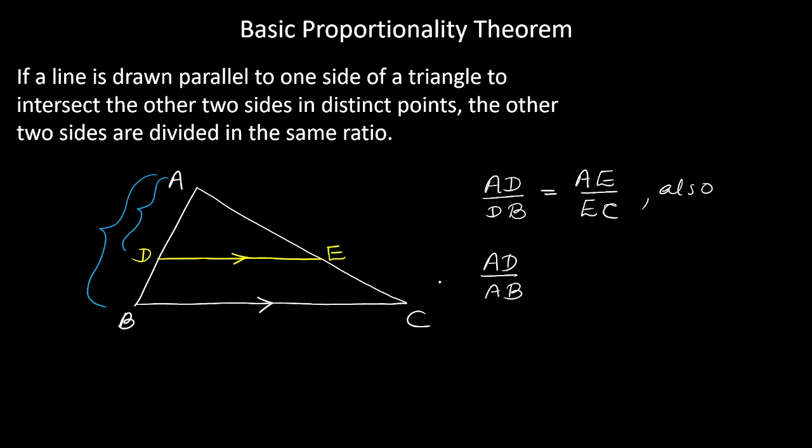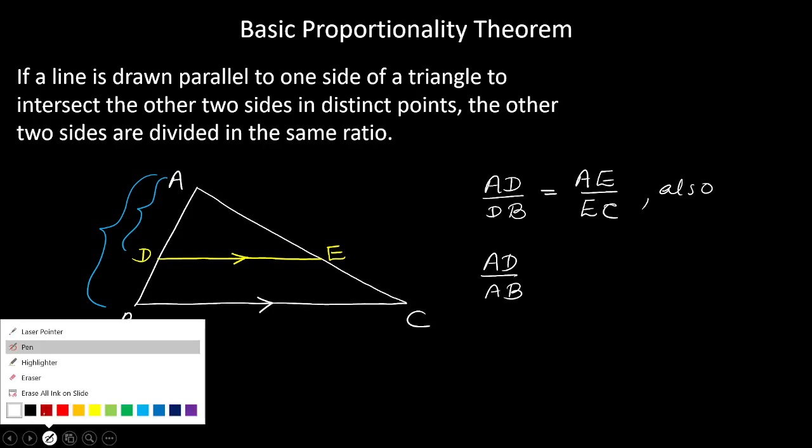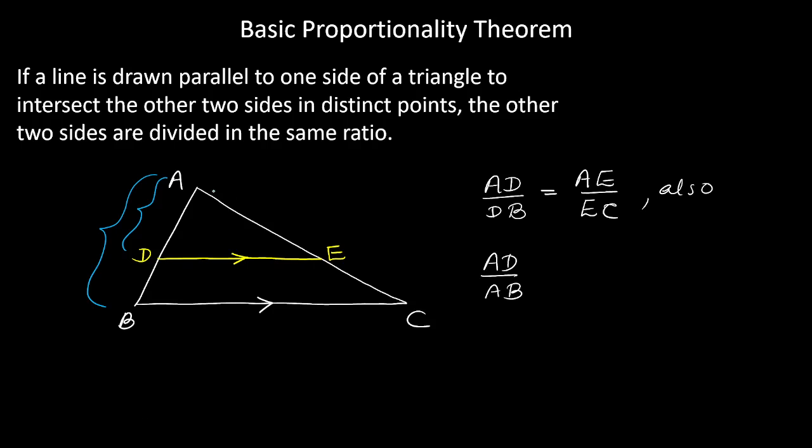In whichever format you take the ratio on the left side, you have to take the same ratio in the same way on the right side. AE by AC. I will clarify all your doubts. These two equations are very, very important. There are plenty of questions.